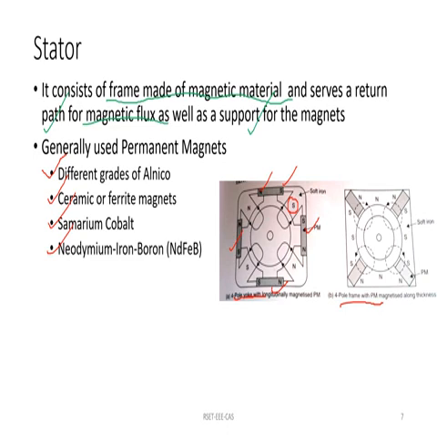Here, adjacent to 2 north poles you get a north pole, then here you get a south pole, and here adjacent to 2 north poles you get a north pole. So this is a 4 poles longitudinally magnetized permanent magnet system.